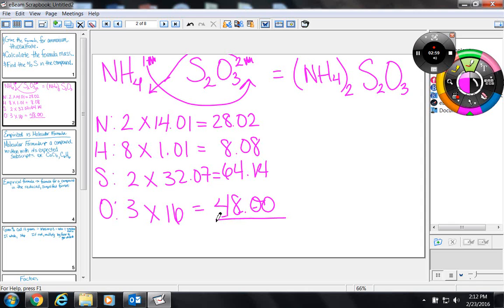And when I add all that together, what do I get? 148.24. And my unit is grams per mole. Okay. Are we okay here?